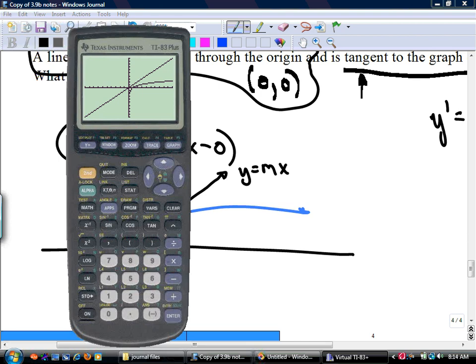Would you agree to that? Okay, I'm trying to put 0.5 here. Better? Well, how do we know where those two lines cross?